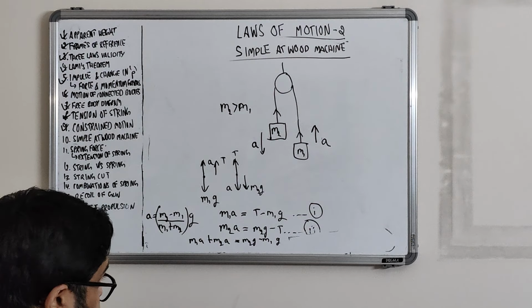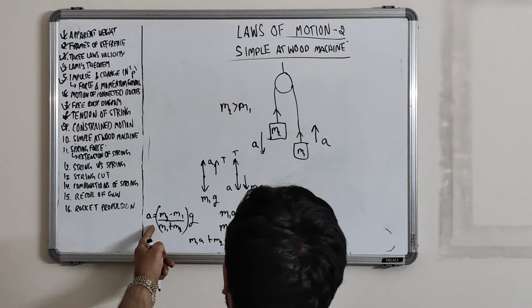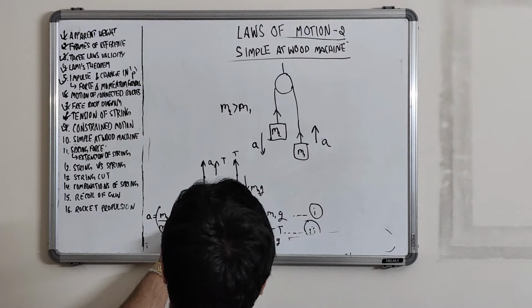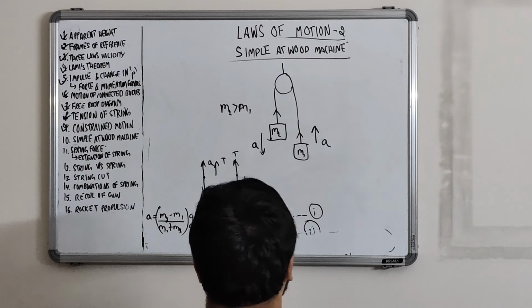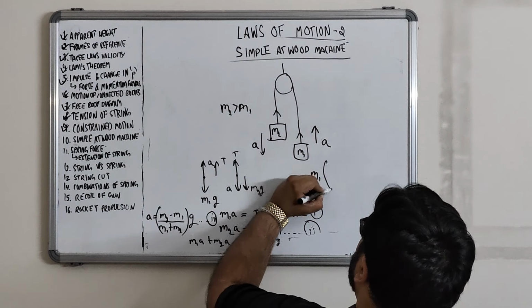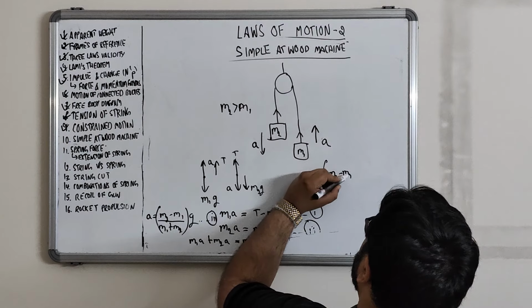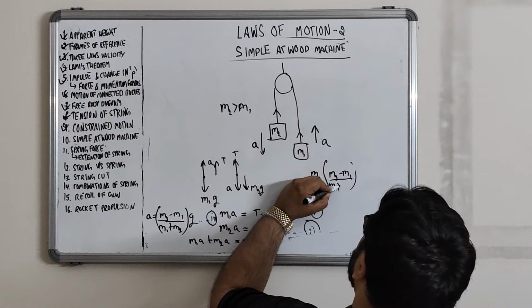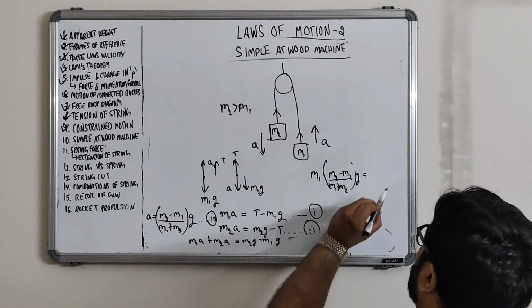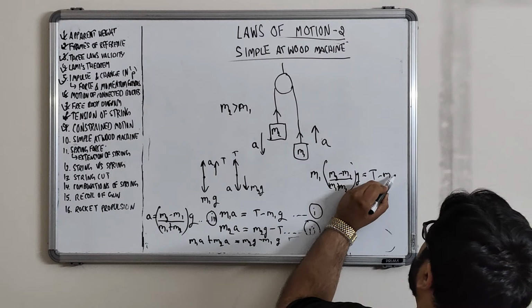Now you take the value of A and you put it in the first equation. You can put it in any one. So M1 into M2 minus M1 upon M1 plus M2 G is equal to T minus M1G.